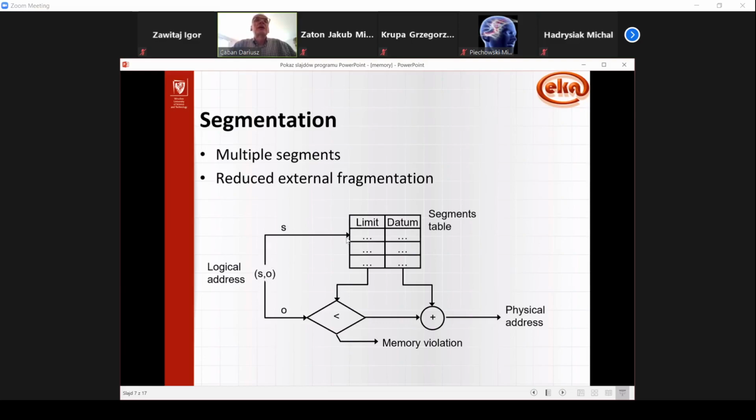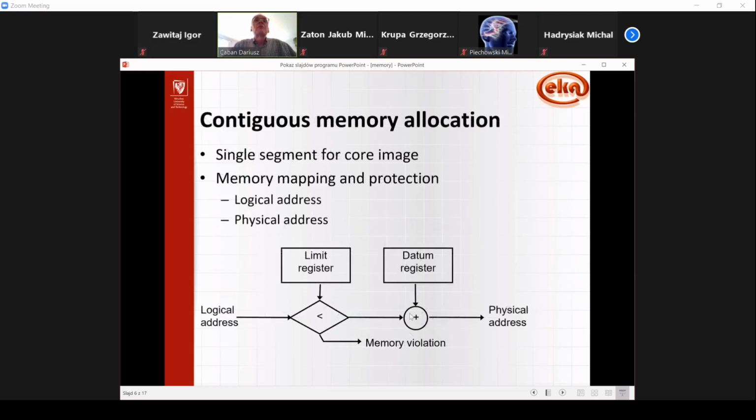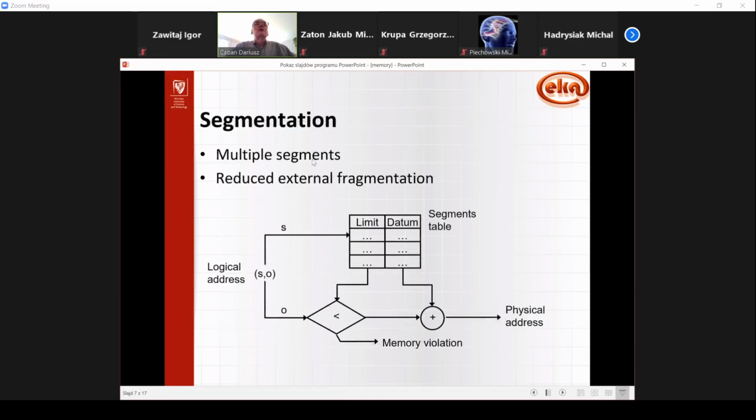For each segment, there are two values, the datum and limit, which I have already mentioned in these cases, but in case of segmentation, these are not registers because there are more of them, and it would be too costly to have register banks to maintain it.